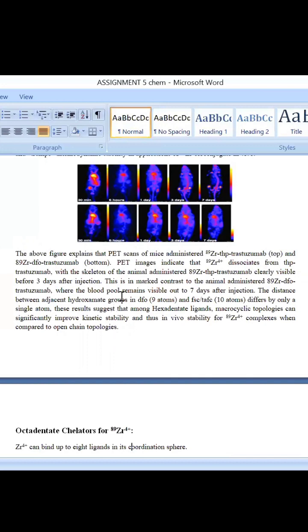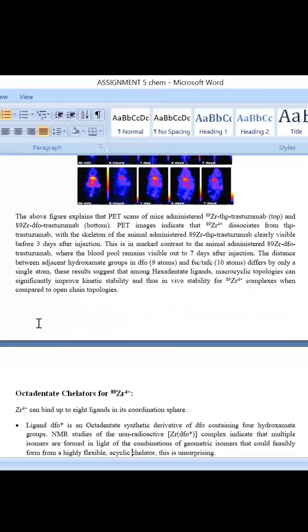This is in marked contrast to the animal administered zirconium-89 DFO trastuzumab, where the blood pool remains visible out to 7 days after injection. The distance between adjacent hydroxamate groups in DFO is 9 atoms, while FSC is 10 atoms, differing by only a single atom. These results suggest that among hexadentate ligands, macrocyclic topologies can significantly improve kinetic and in vivo stabilities for zirconium complexes when compared to open-chain topologies.